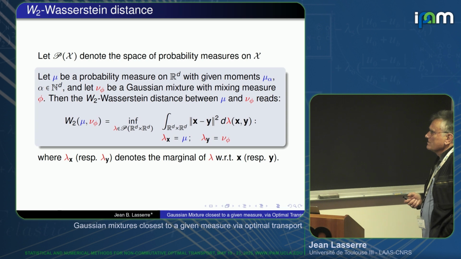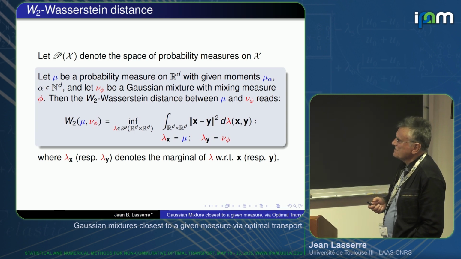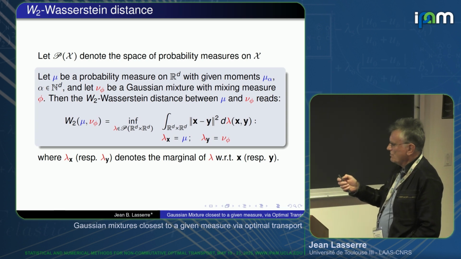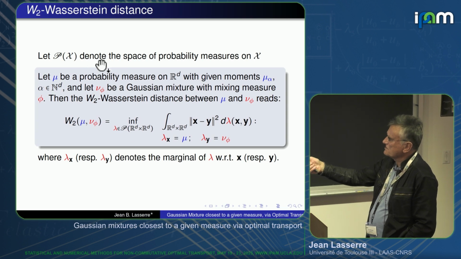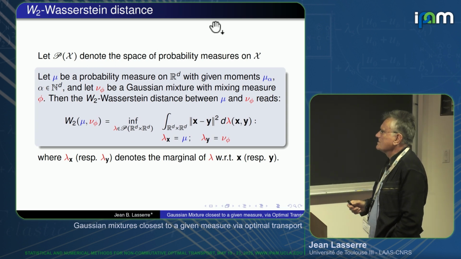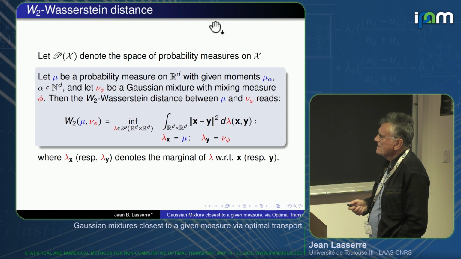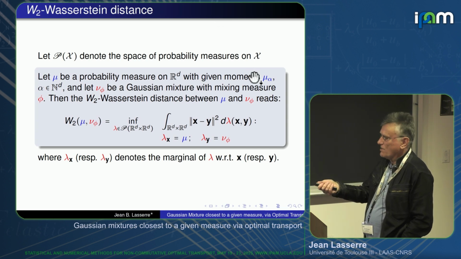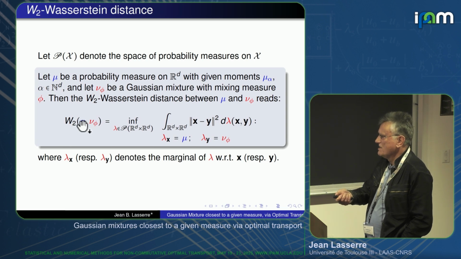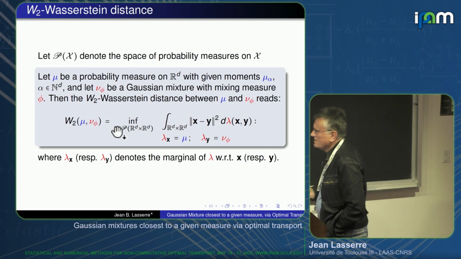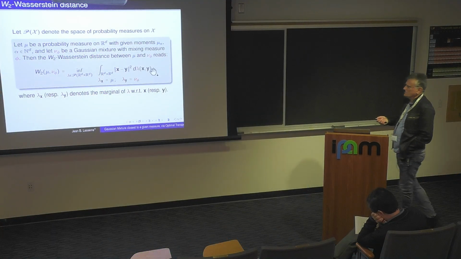So what is the W2 Wasserstein distance in this case? We denote by P(X) the space of probability measures on the space X, right? Everybody knows this definition very well: the W2 distance between mu and nu_phi is the infimum over the joint distribution lambda on x and y.